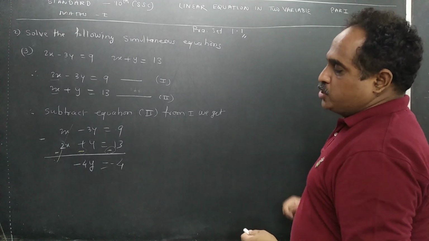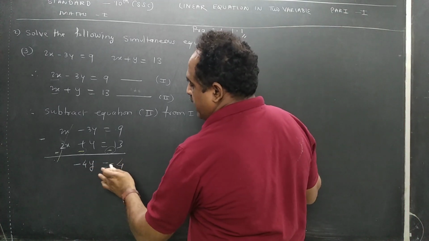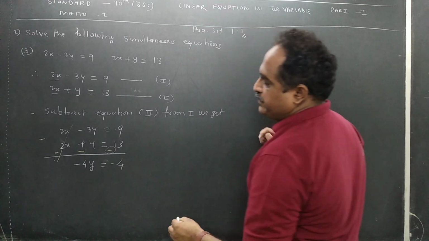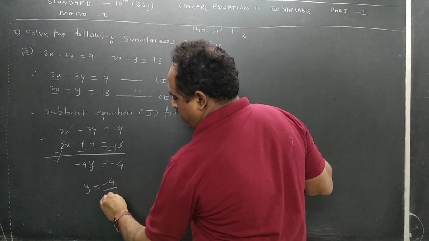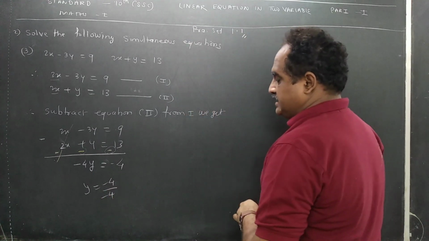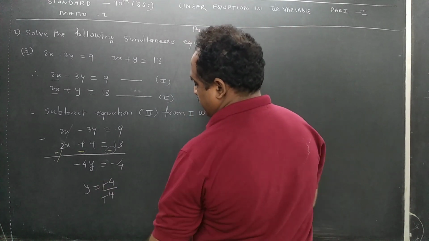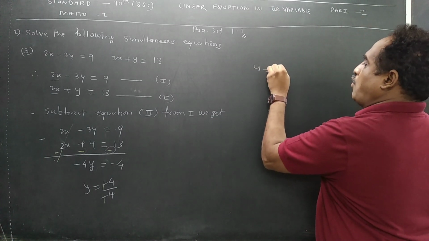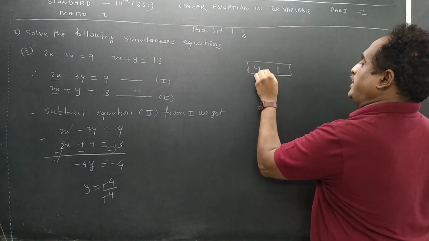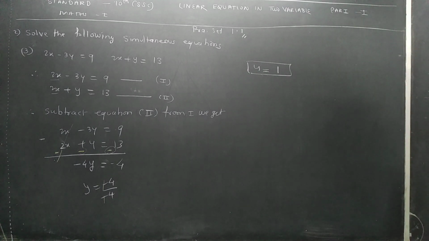Have you understood now? So what you got now? Minus 4y is equal to minus 4. So ultimately y is equal to minus 4 upon minus 4. We change the sign of it. I got y is equal to 1, that is plus 1. So we got the answer y.